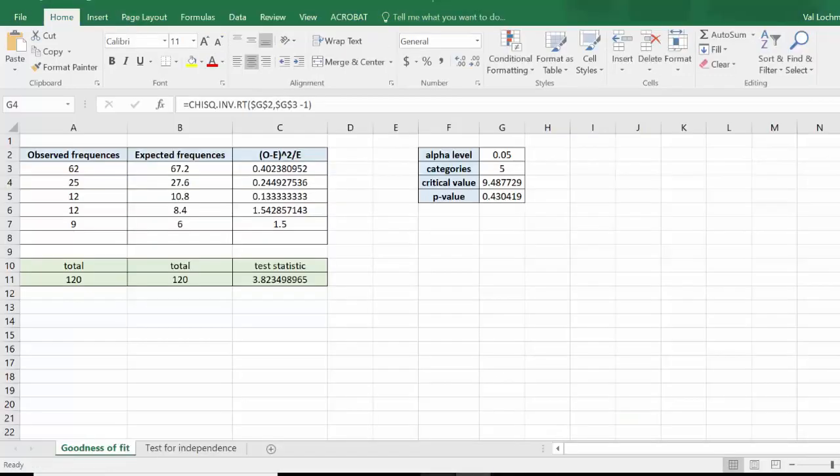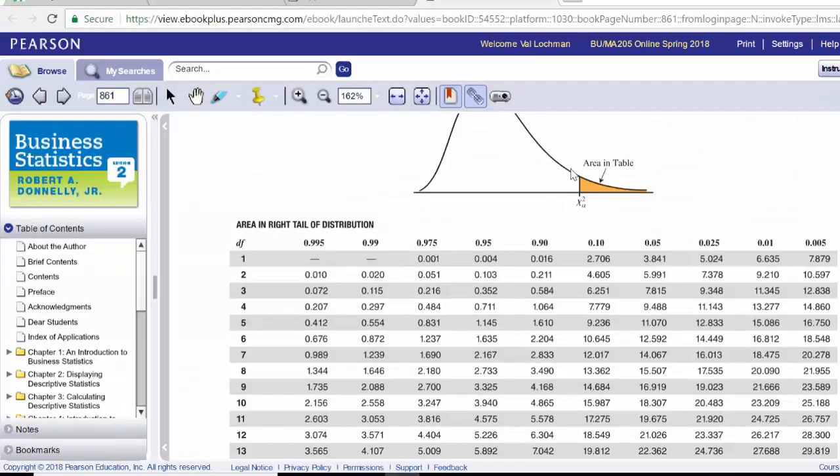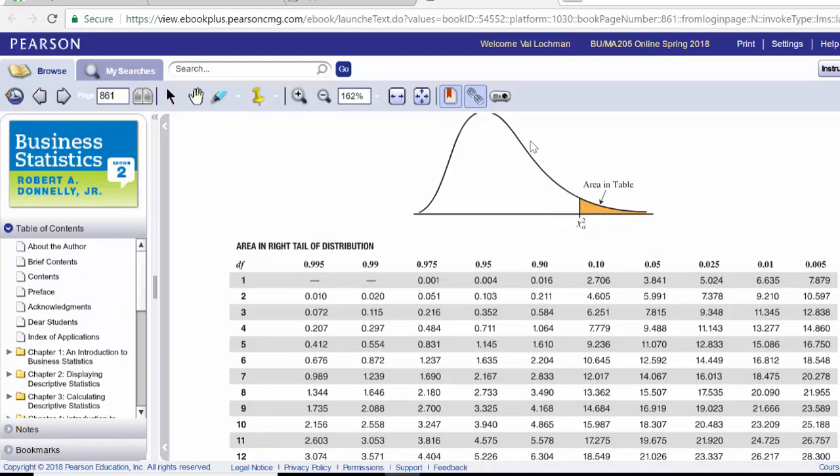Let me see. Do I compute the p-value for you? Actually, this is correct. The p-value is still done. So I'll compute the p-value for you as well: 0.43. What does that represent? It represents the area that is cut by the chi-square statistic.